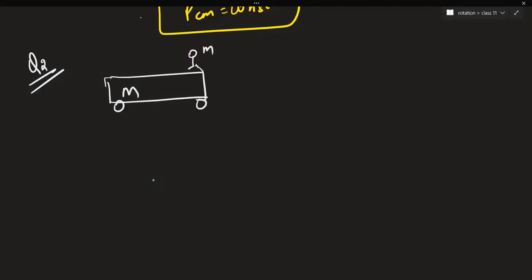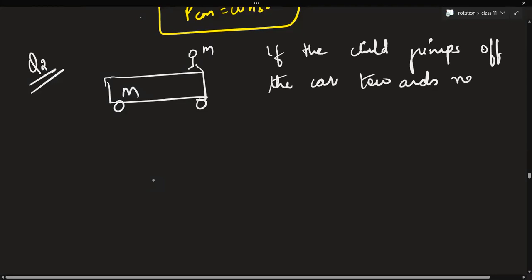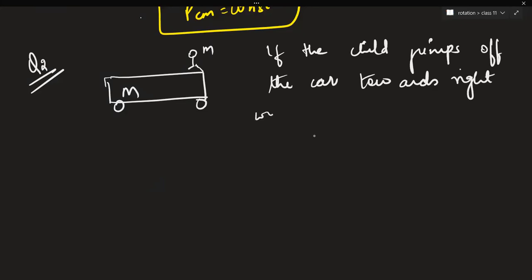Now, the child jumps off the car towards the right with a velocity of, let's say, u with respect to ground.